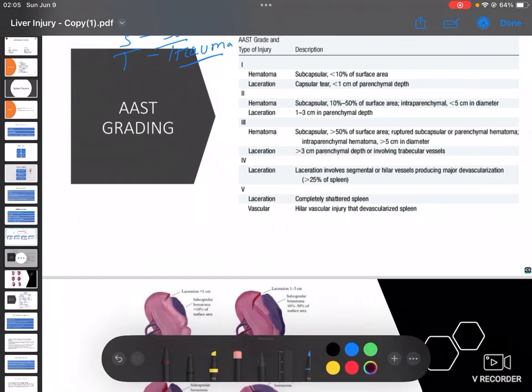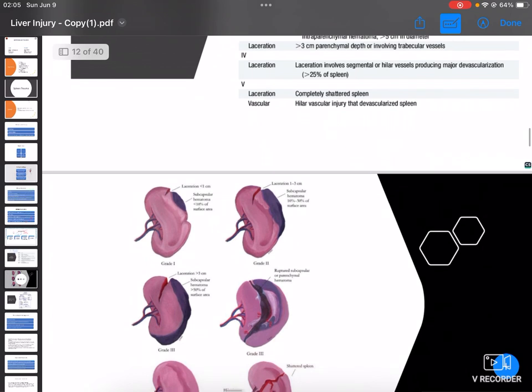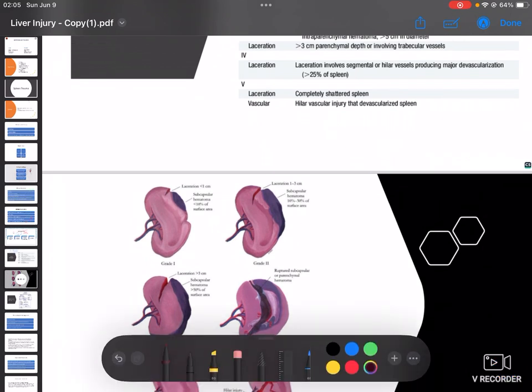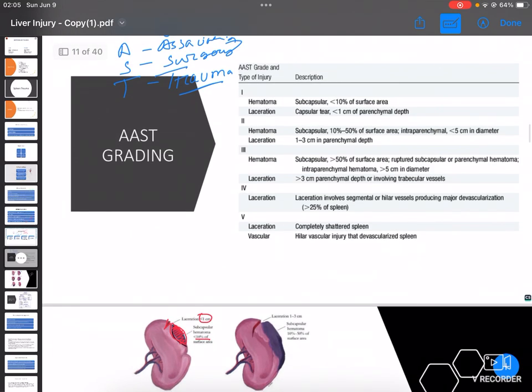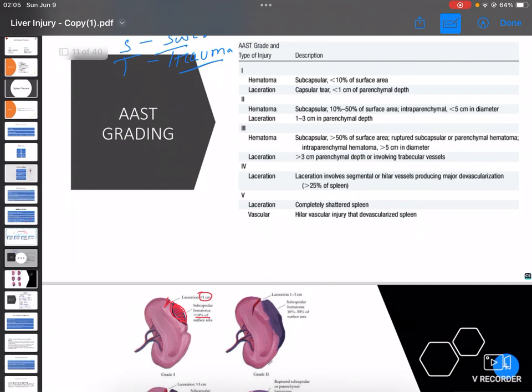Here we can see that the hematoma is subcapsular, less than 10%, and capsular tear less than 1 centimeter. Now again, the subcapsular hematoma is 10 to 50% of the surface area, intraparenchymal, and less than 5 centimeter diameter.